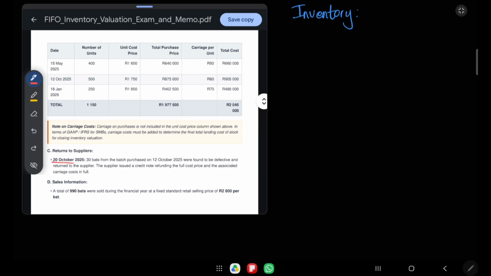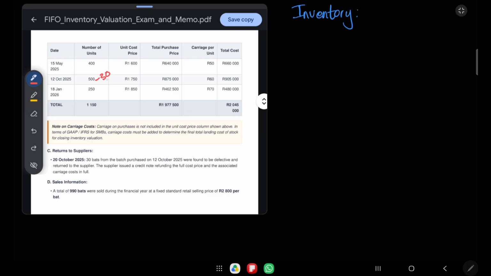However, on this day specifically, 30 bats were returned. I think this might come in handy whenever you get such adjustments. I'd always recommend that you note them in your column and update the information you're given. So we had 500 units, however, 30 were given back.